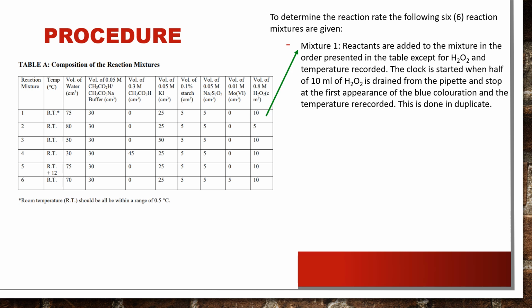First, at room temperature, you would have added 75 cm³ of water to a clinical flask, 30 cm³ of the buffer solution, 25 cm³ of potassium iodide, 5 cm³ of a 0.1% starch, 5 cm³ of sodium thiosulfate, and after which you allow this to equilibrate to room temperature and record the temperature using a thermometer.